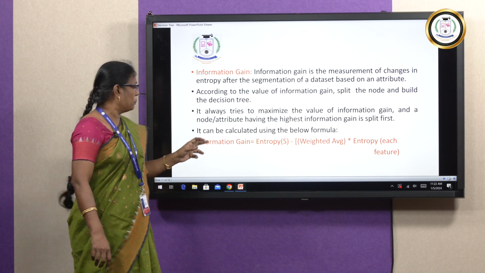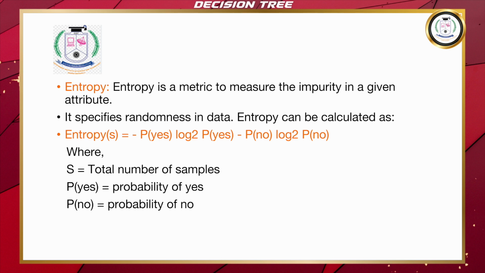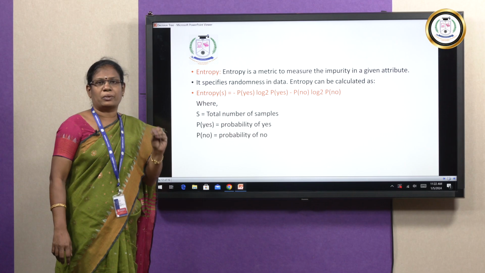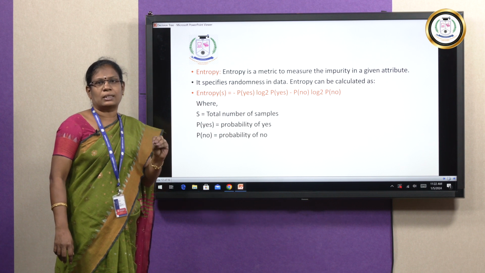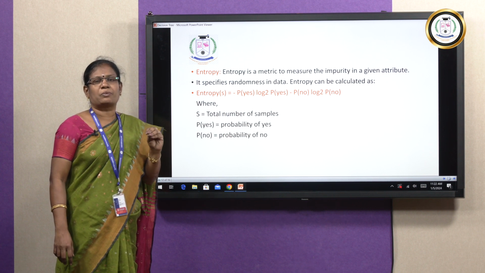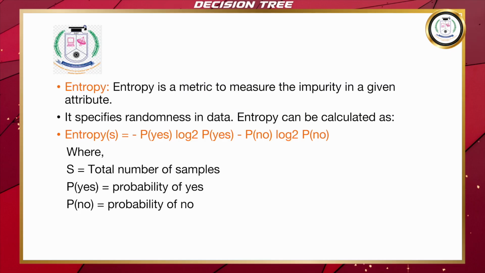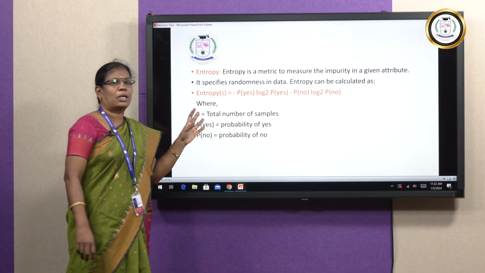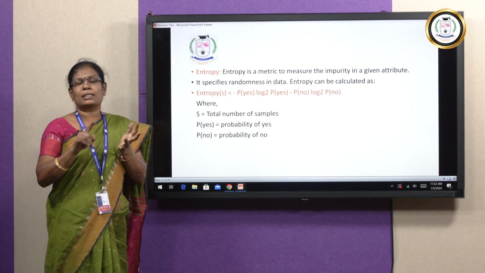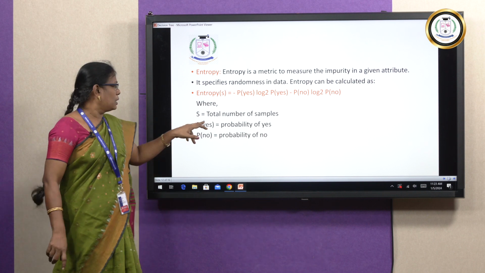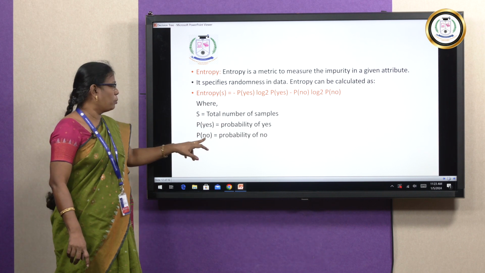Entropy is a metric to measure the impurity in a given attribute, because each attribute can have some information. Whichever has more information, we choose that attribute, and the remaining attributes are rejected. The entropy is given by minus probability of yes log base 2 probability of yes, minus probability of no log base 2 probability of no. Here yes and no are the positive and negative answers, so P of S is the probability of yes and the probability of no.